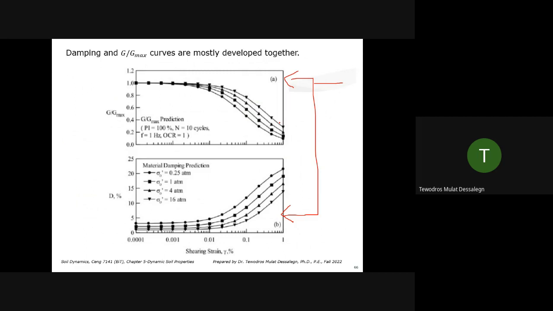Your effective stress is different, right? As you go down, effective stress increases, and as effective stress increases, it affects the Gmax curve. So this is a sample of how you get it from the lab. For different stratification and depth, they can give you different values. Same with damping, it varies with effective stress.